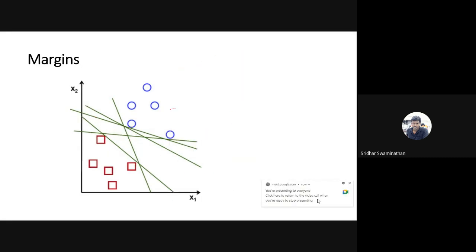We should understand one more thing: whenever you are training a model, it starts with random weights and biases. Let's say initially your decision boundary is here, and after some time it moves to this place. It will come like this, like this, like this.